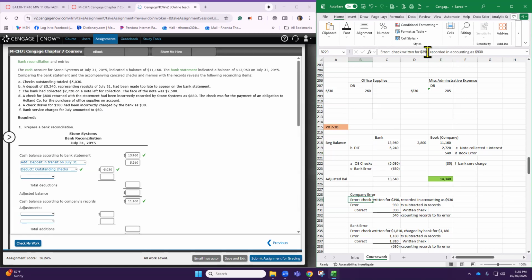They wrote a check for $800, but they recorded it in their books as $880. That's an $80 difference. So what's the error? It's $880. The correct is $800. So we need $80 back.